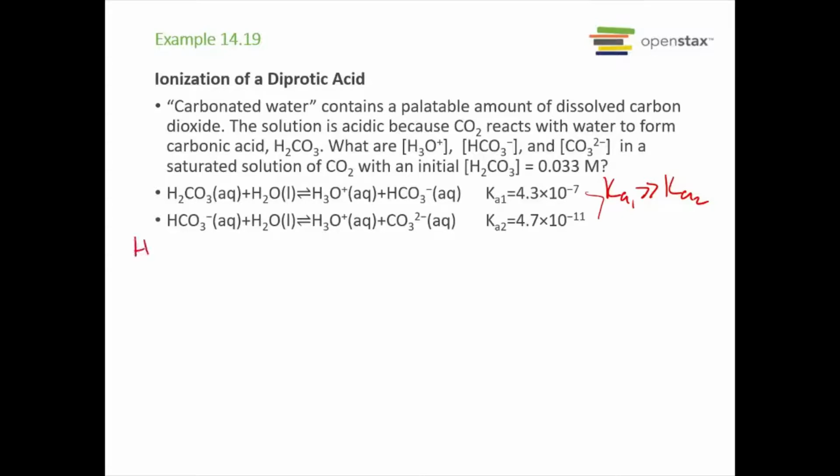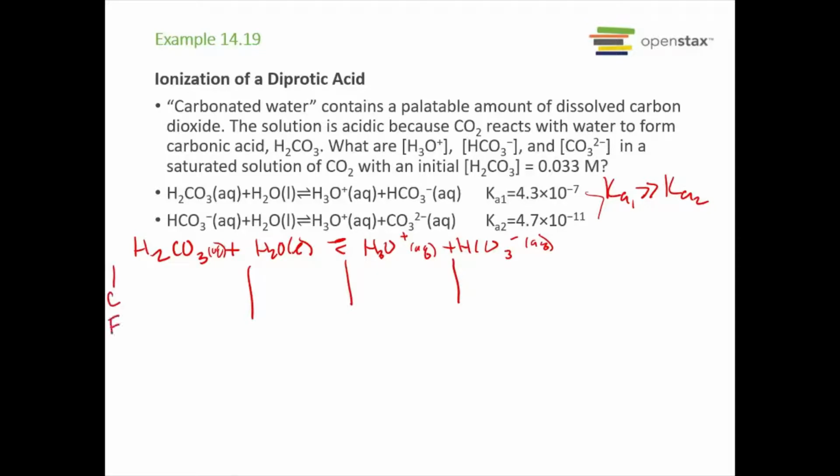So H2CO3 plus H2O gives H3O plus and HCO3 minus. And let's make an ice table because we're looking at equilibriums again. No H2O.